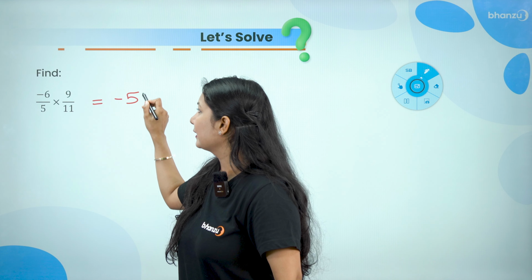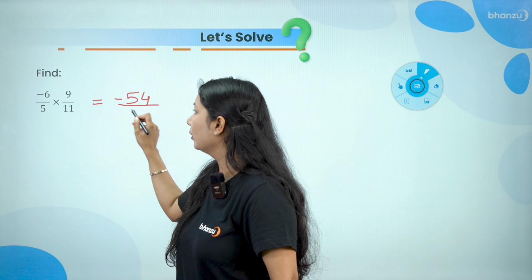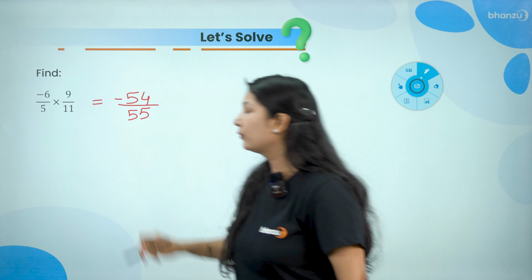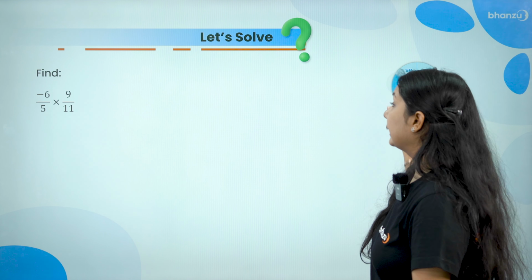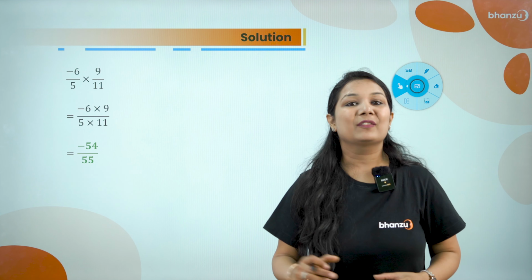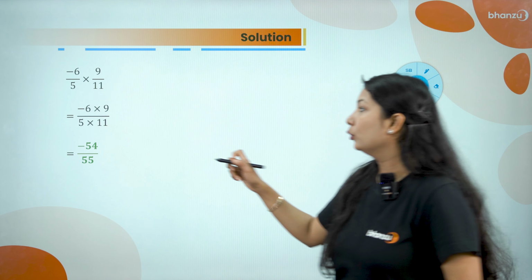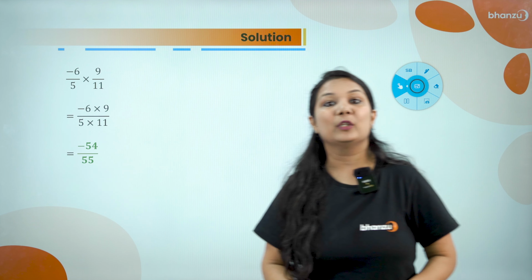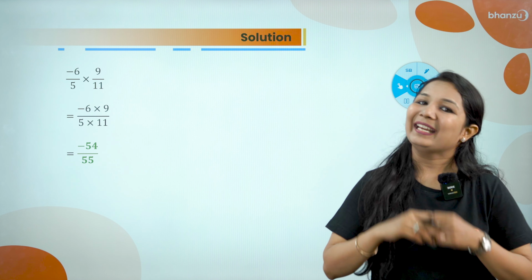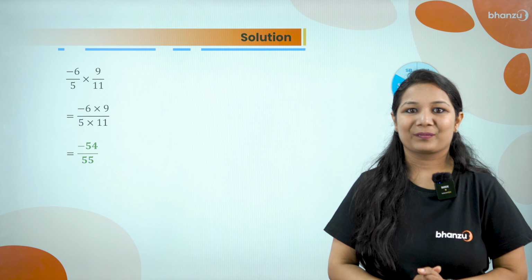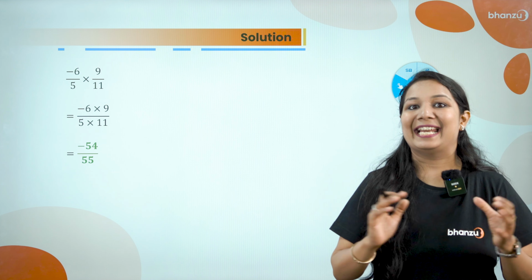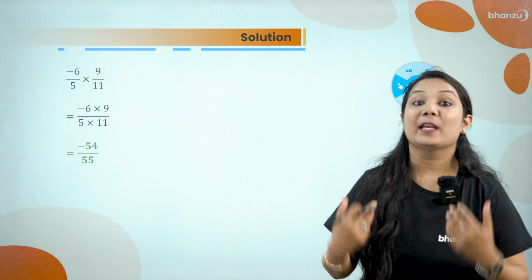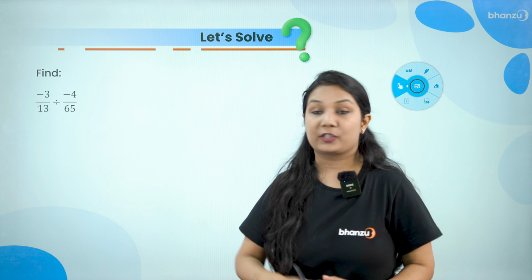We get minus 6 into 9, which is minus 54, and 5 into 11, which is 55. So this is your direct answer: minus 54 by 55. Do present the steps that you have to multiply the numerator by numerator and denominator by denominator.